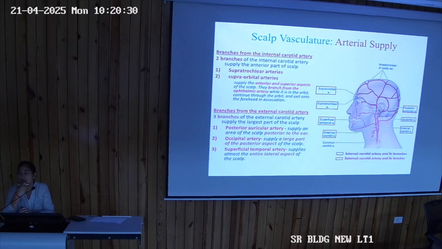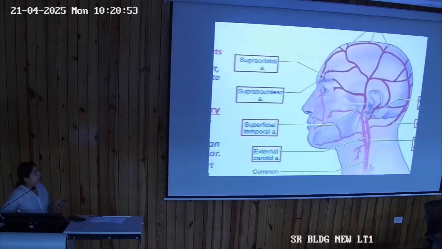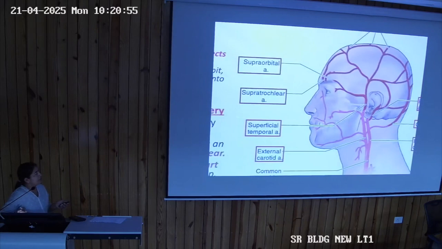Though the internal carotid artery doesn't give branches extracranially, it supplies the scalp region, so it has both internal carotid branches and external carotid branches. So what are the names of these branches? From the internal carotid artery, we have the supratrochlear and supraorbital arteries. If we can see in this image above the eyebrow, these are the supraorbital arteries and supratrochlear arteries.